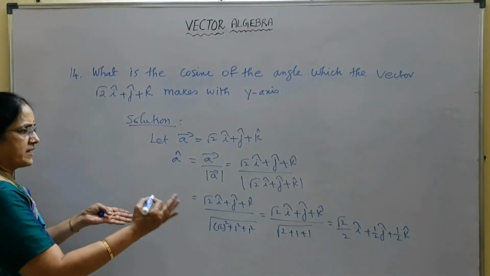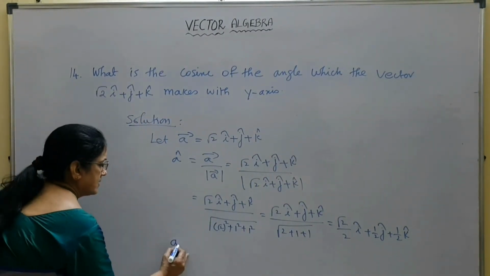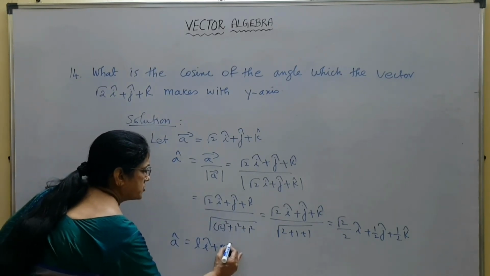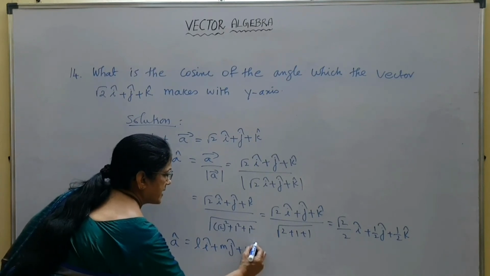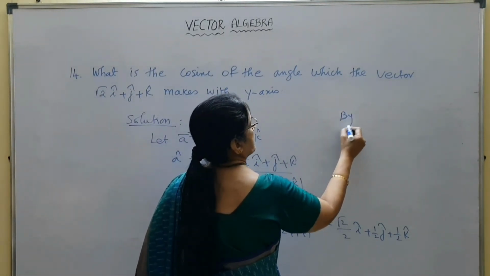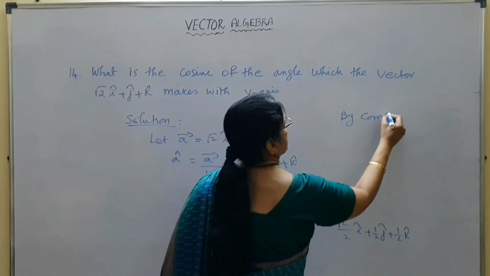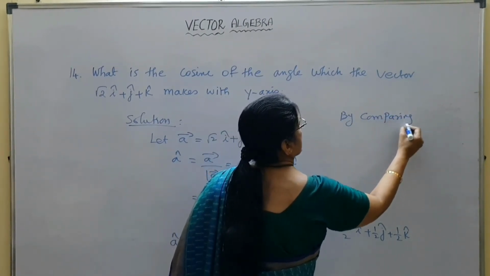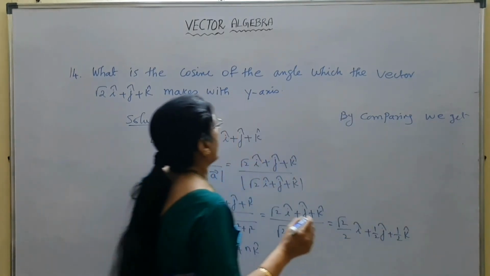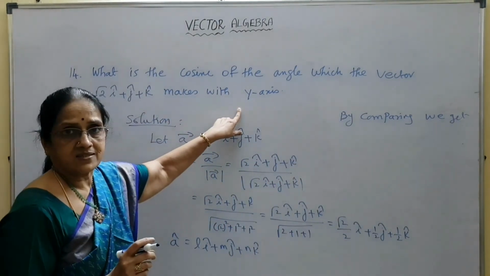Now let me compare it with a cap is equal to L i cap plus M j cap plus N k cap. So by comparing, we get, see, I want only with the y-axis.